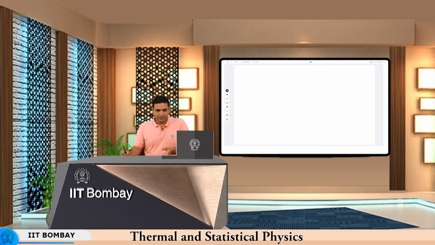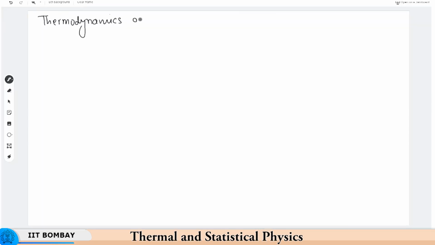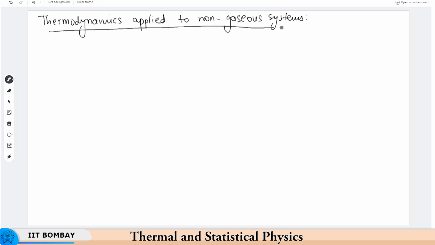Okay. So, basically, thermodynamics applied to non-gaseous systems. Again, we will see the first law.